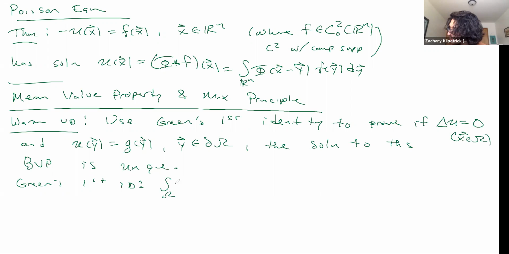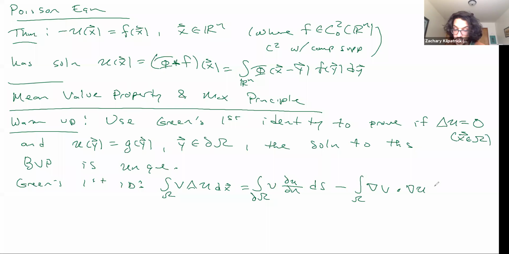Essentially, we have that the integral of v times the Laplacian of u is equal to the integral over the boundary of v times the normal derivative of u with respect to n, this is sort of like high dimensional integration by parts, minus the integral of the gradient of v dot the gradient of u dx. So you've used this before.